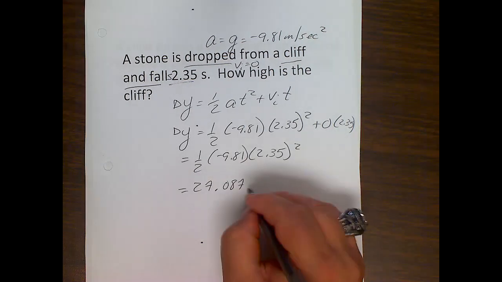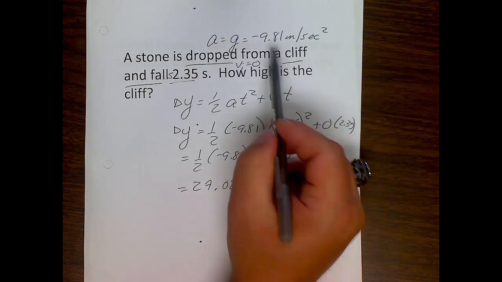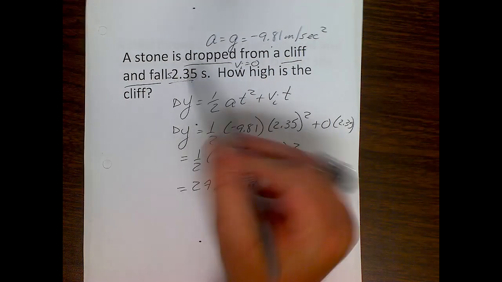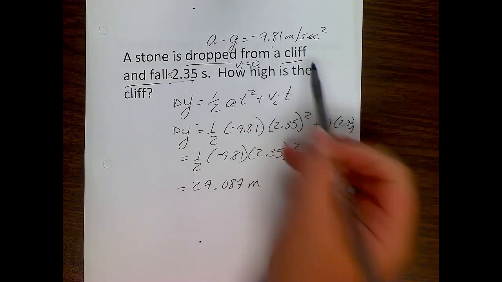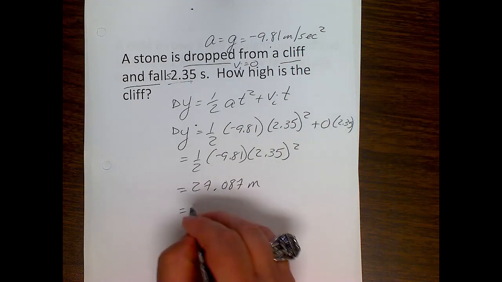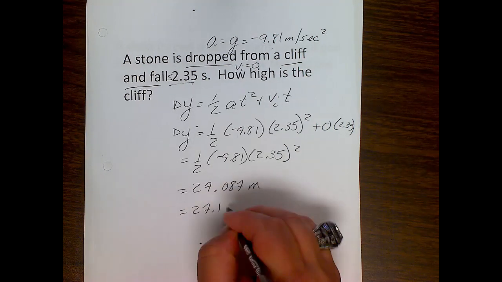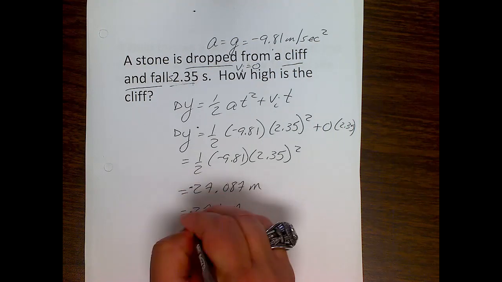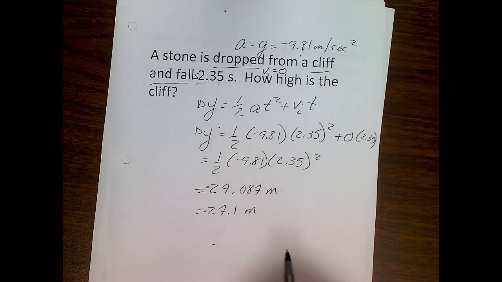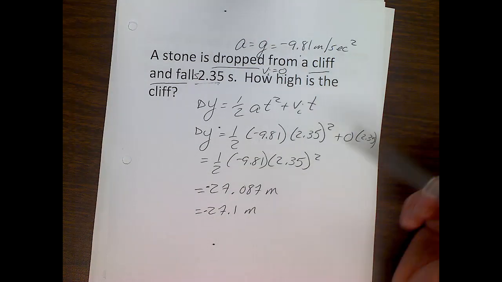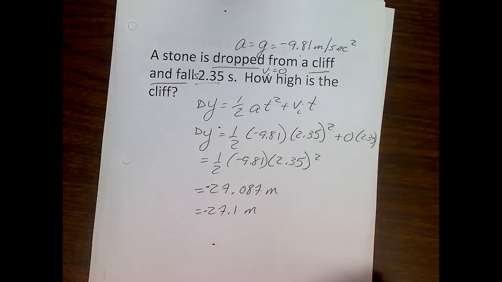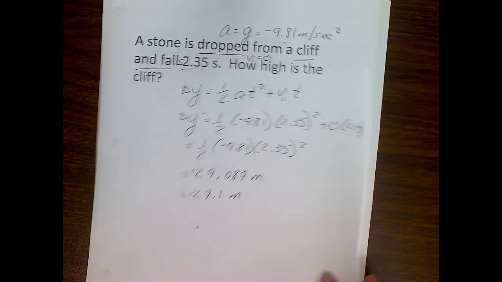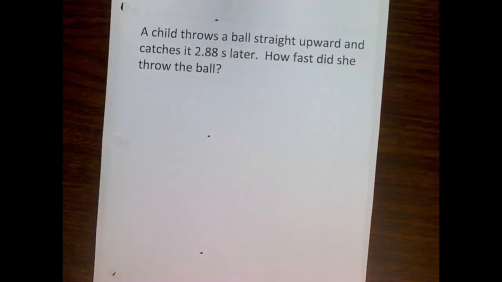That gives .087 meters. 3 significant digits, 3 significant digits, defined as 0, so we need 3 significant digits, so 27.1 meters. These have a negative, sorry I forgot to write that down, which makes sense because the negative indicates it's going down. If you've ever dropped anything, you know that things fall down.